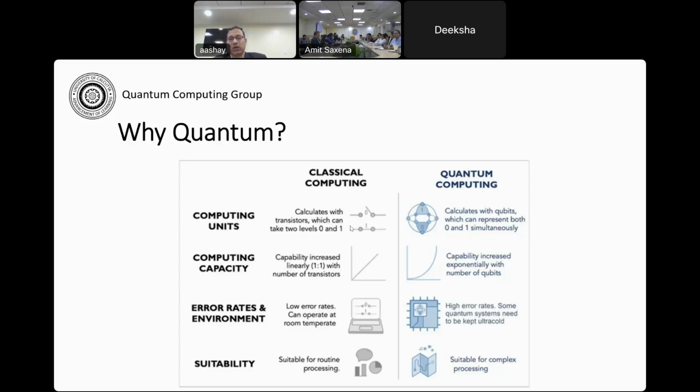When we look at the equivalent data form in quantum, we talk about quantum bits, or qubits. And qubits have the specialty that, apart from having the two extreme states, 0 and 1 become the two extreme states of a qubit, right?